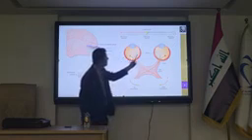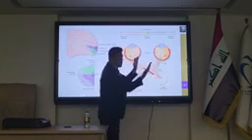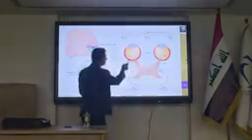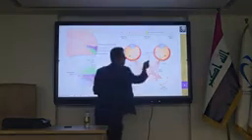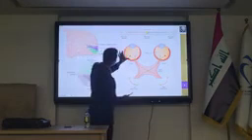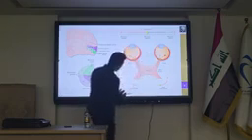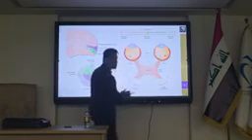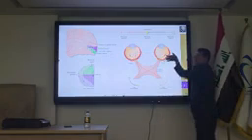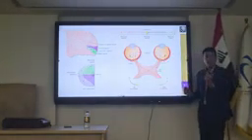So from here to here and from here to here are the same part of the image, and from here to here and here to here are from the same side. So that's why the temporal part and the nasal part of the opposite side go to the same hemisphere, right? And the nasal part of the opposite eye and the temporal part of the same eye go to this hemisphere.